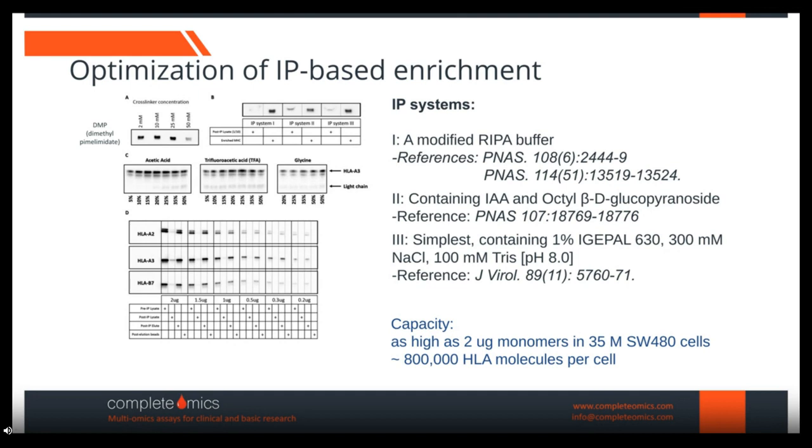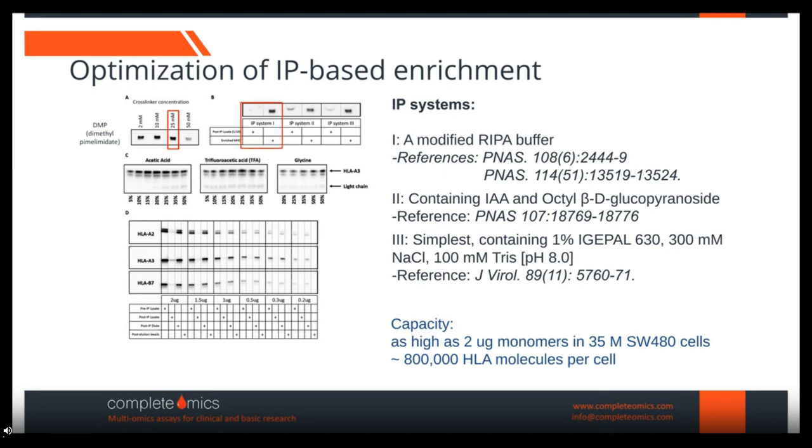We figured that using DMP at 25 millimolar to cross-link the antibody with the protein G beads gives us the strongest signal from the antibody enrichment.